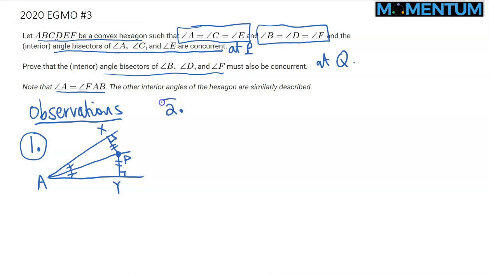The second observation is a trick that I like a lot. I think it's called Viviani's theorem or Viviani's lemma, doesn't matter. It's a simple result, I mean. And it is the following.